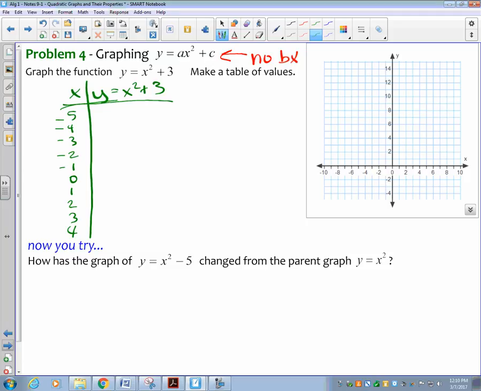Richard, you get -4. Brandon, you get -3. Rachel, you get -2. Juliet, you get -1. Morgan, you get 0. Peyton, you get 1. Jade, you'll get 2. Evan, you'll get 3. And Chris, you'll finish this out with 4. Please keep it in order.